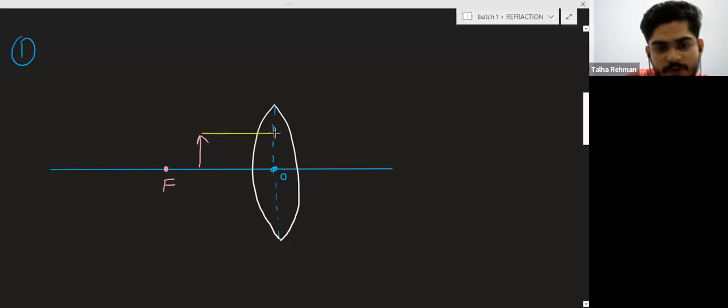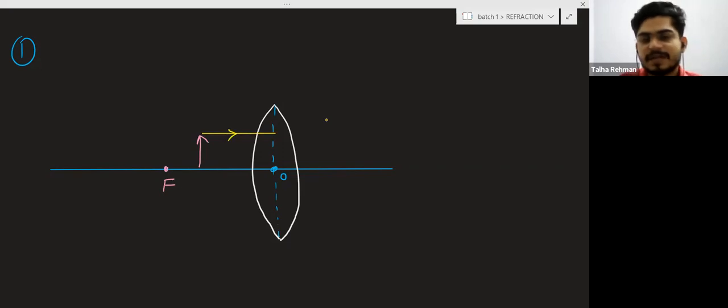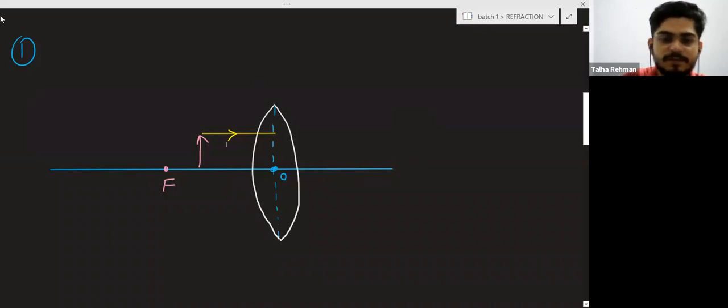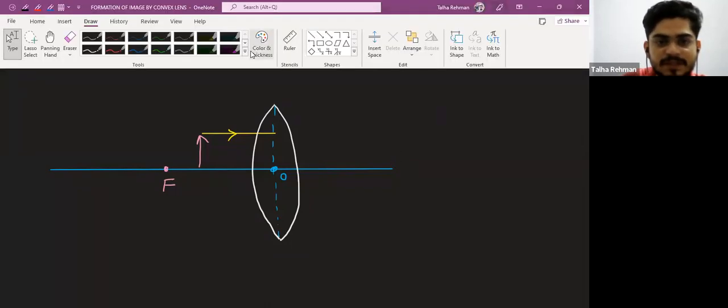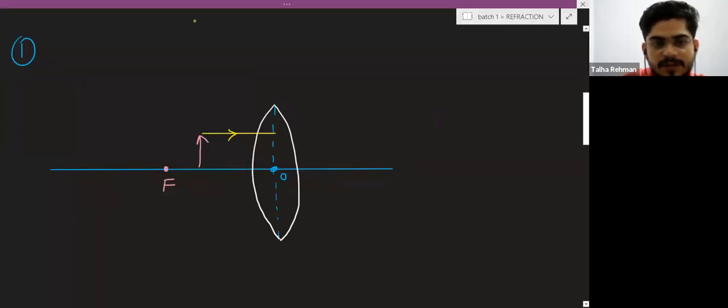First ray from this object will be like this. This ray from this object is parallel to principal axis, so it will pass from the focus. We have discussed this in the rules.